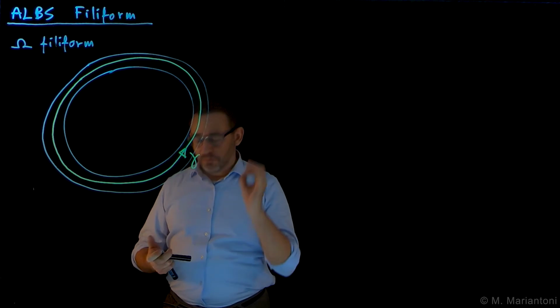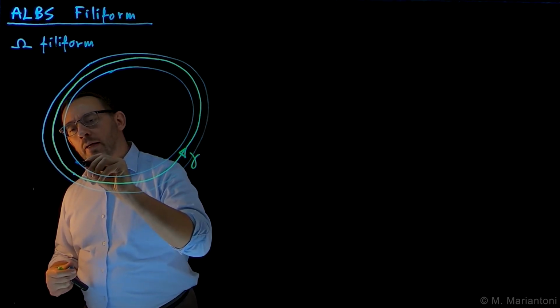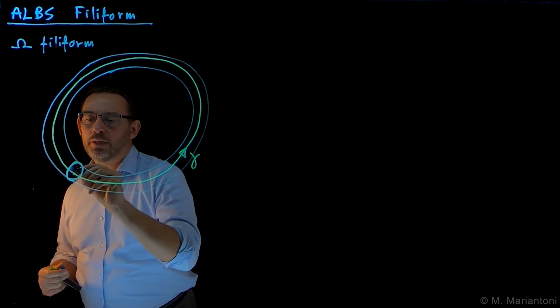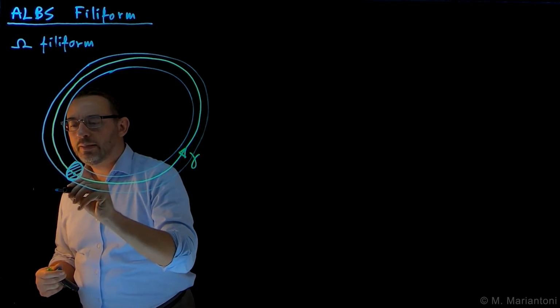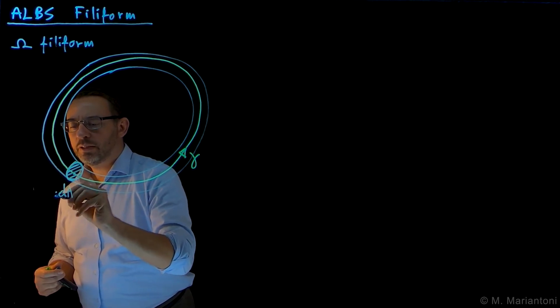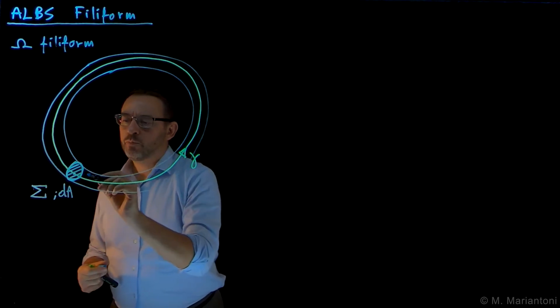In this case, since this is filiform, if we pick a point here, the cross-section area around that point is dA associated with a surface capital sigma, which is open.